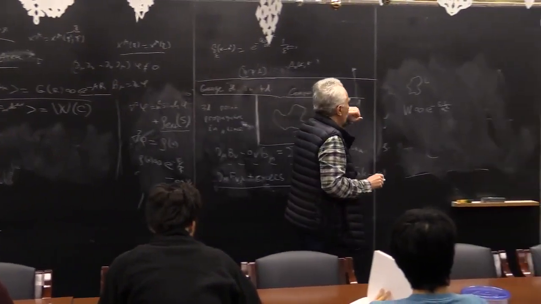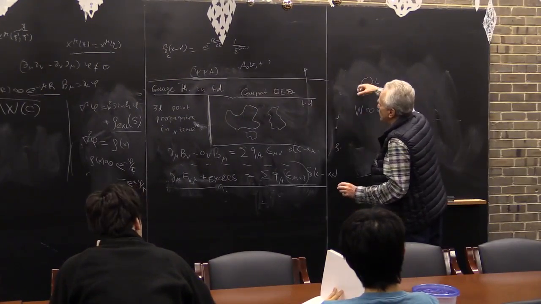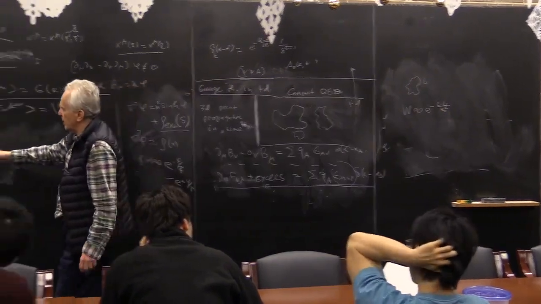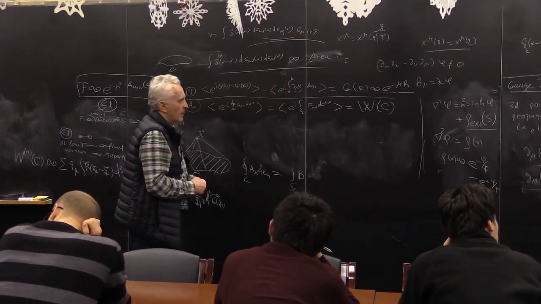If E0 is small, you will have only very small loops, and their disordering effect on the Wilson loop will be negligible.